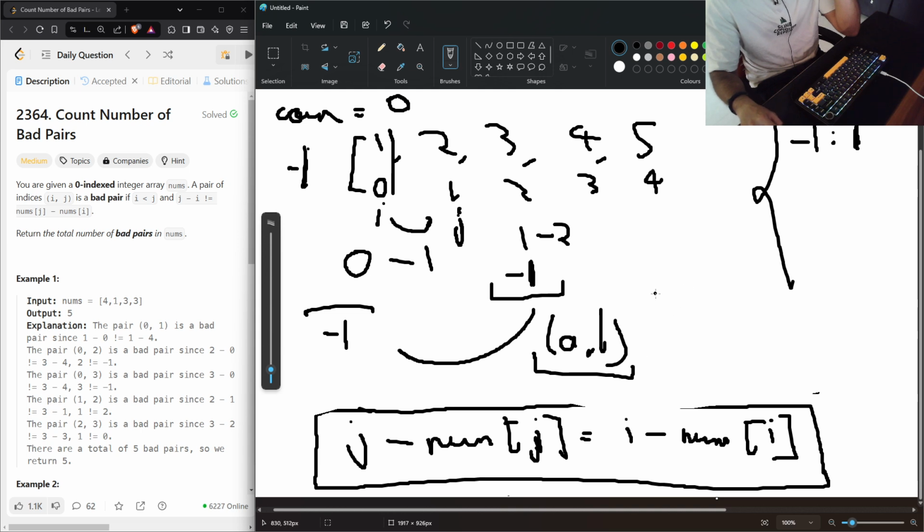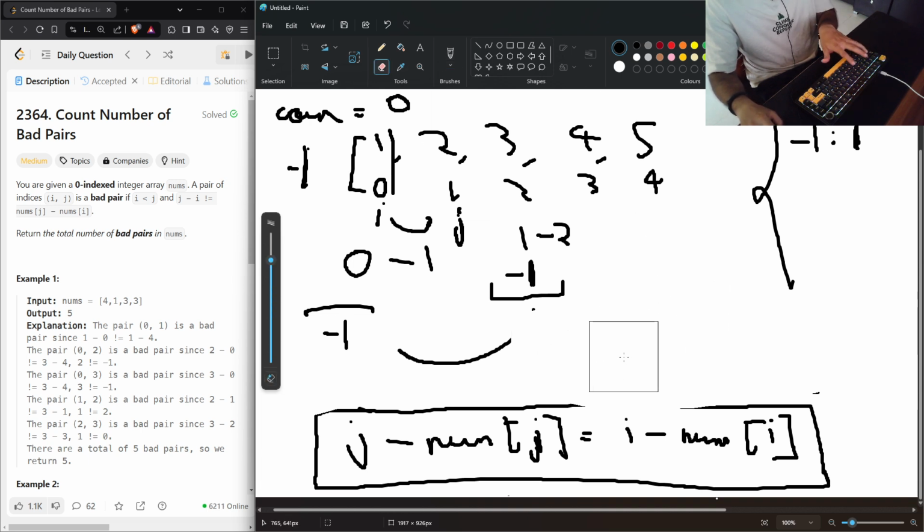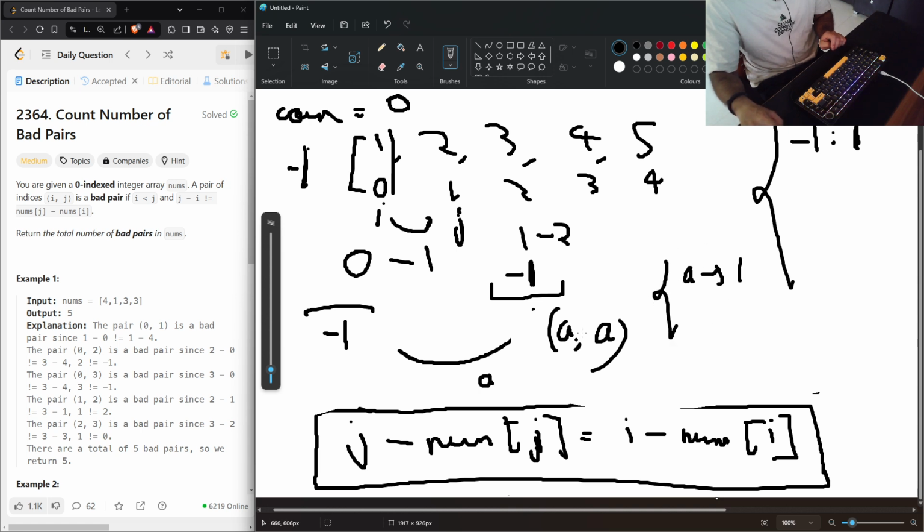So initially in the hash map, the count of a was 1, so this a and this a is a single pair, right? When we first encounter an a, the hash map is empty, we put the value of a as 1, then we find another a. Now this a will be pairing with the earlier one. How many pairs is it going to form?